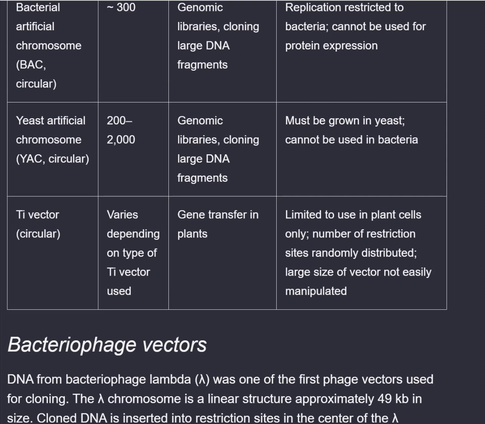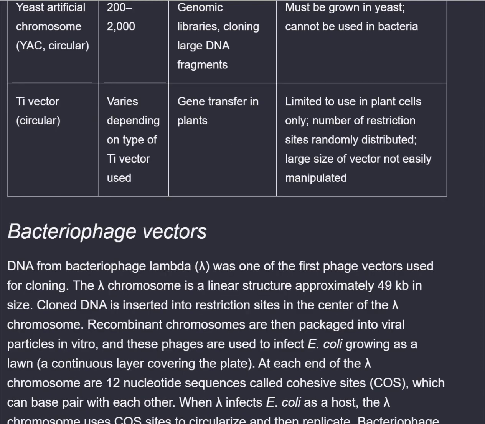Bacterial artificial chromosome, BAC, circular: 300 kb. Applications: genomic libraries, cloning large DNA fragments. Limitations: replication restricted to bacteria, cannot be used for protein expression. Yeast artificial chromosome, YAC, circular: 2,000 kb. Applications: genomic libraries, cloning large DNA fragments.